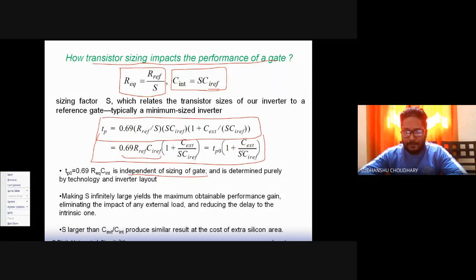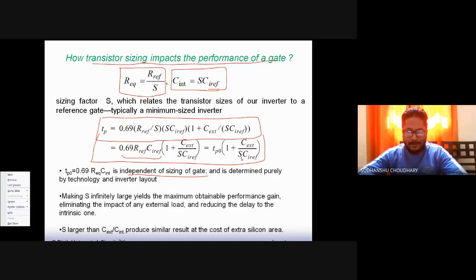And in this equation, if you make S infinitely large, this term becomes 0. So the total delay becomes equal to the intrinsic delay. So intrinsic delay is the total delay if the sizing factor is infinitely large. But one has to also see that increasing the sizing factor also means the circuit becomes costly, because the silicon consumed by the circuit is also very large.